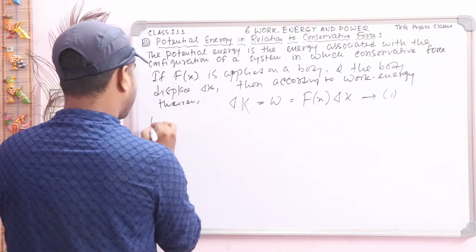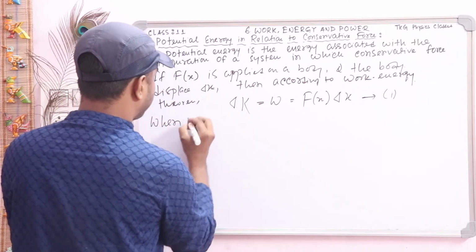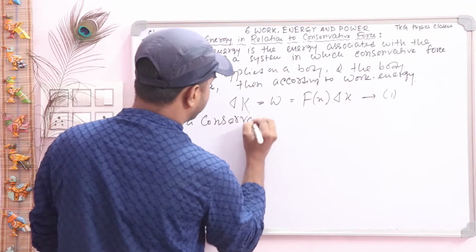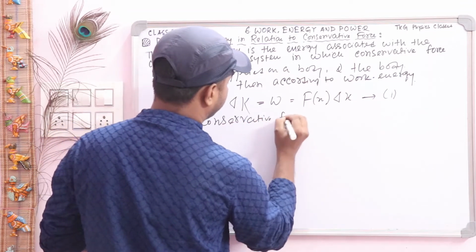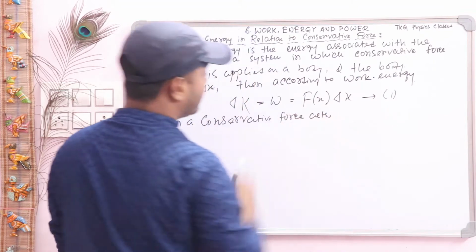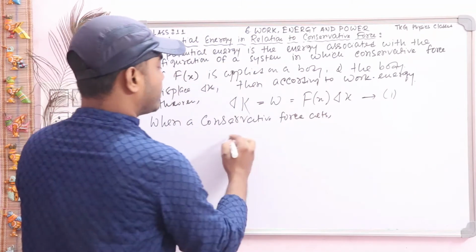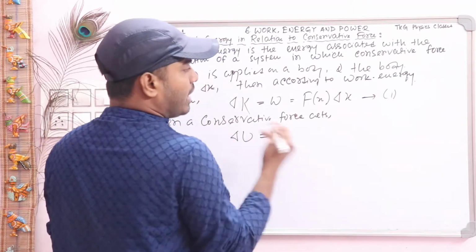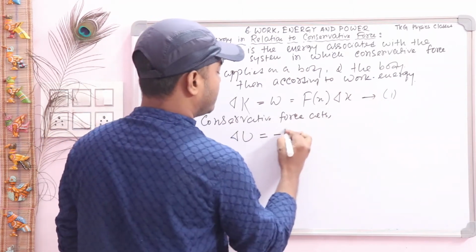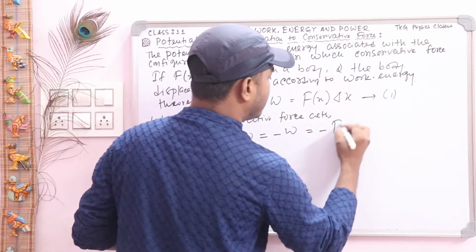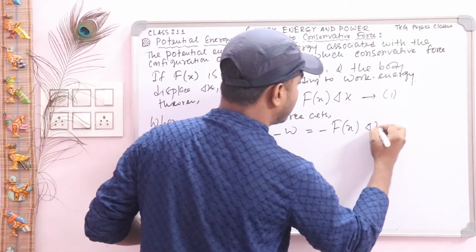And again you write, when a conservative force acts, according to the definition, what can we write? The change in potential energy is equal to the negative of work done. This is our definition. And the negative of work done means minus Fx into del x.